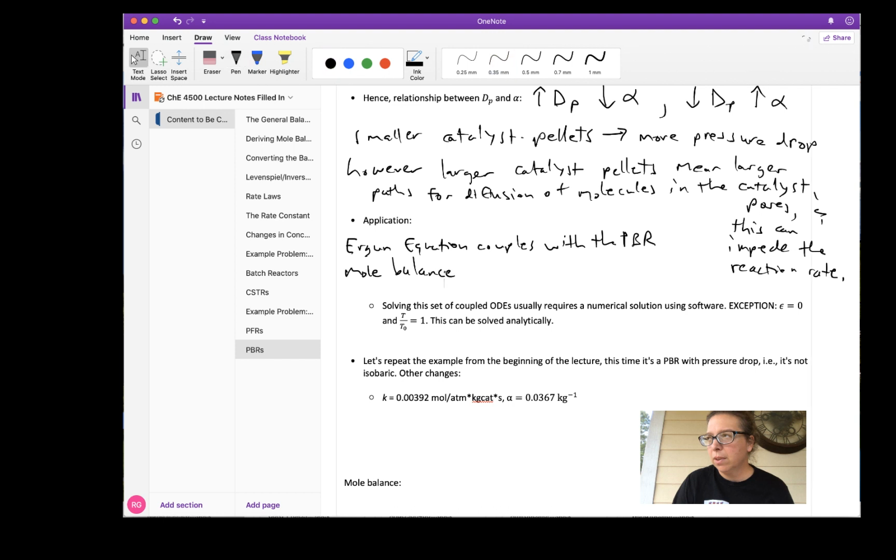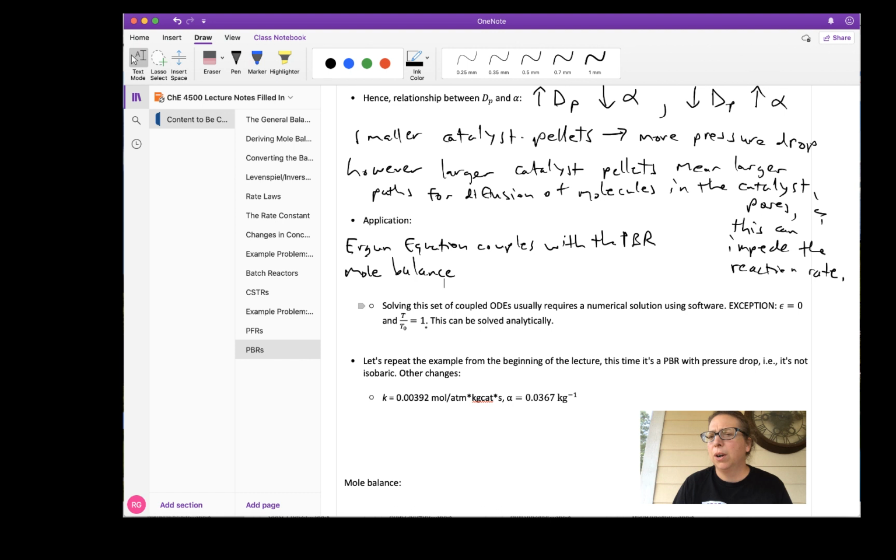So now you're solving a coupled set of ordinary differential equations when you're solving the PBR reactor design equation. Solving this set of coupled ODEs usually requires a numerical solution using software. In the very next lecture, I'm going to show you how to do that using Python. There's one exception, when epsilon equals 0 and T divided by T naught equals 1, that has an analytical solution. And I believe you're going to work with a problem involving that scenario.